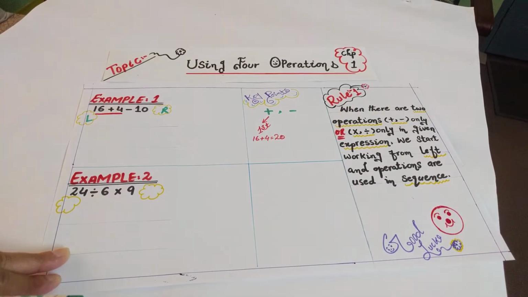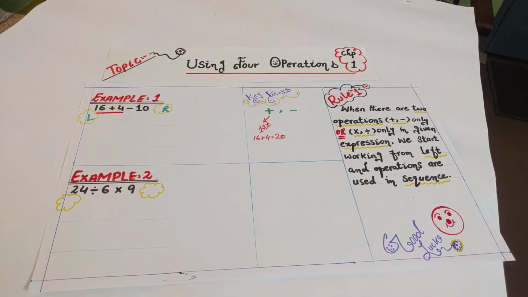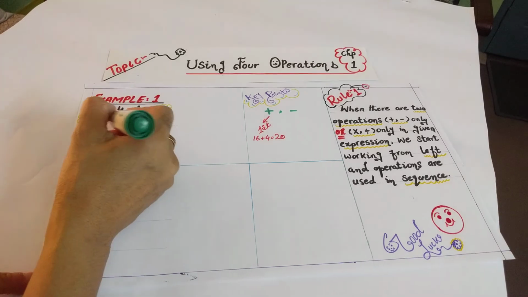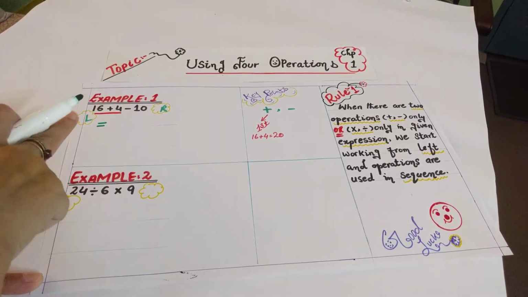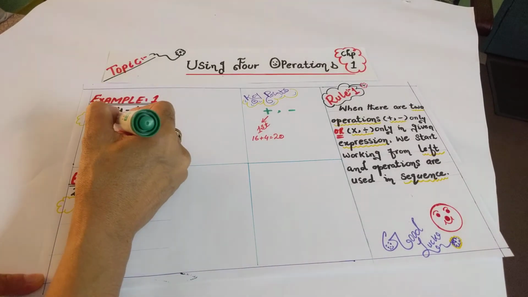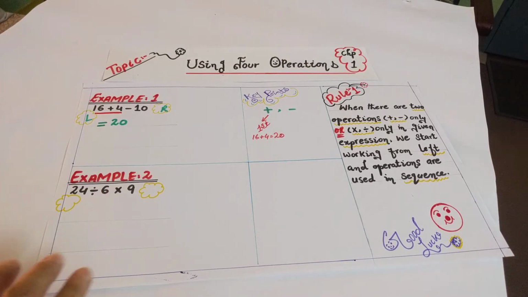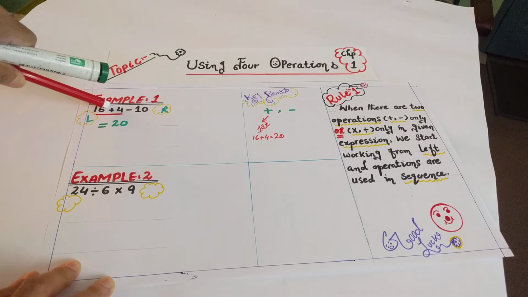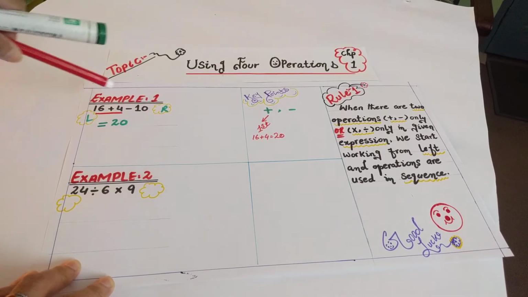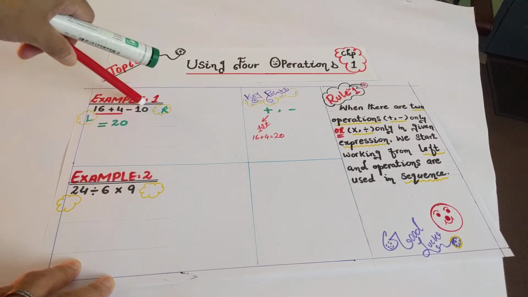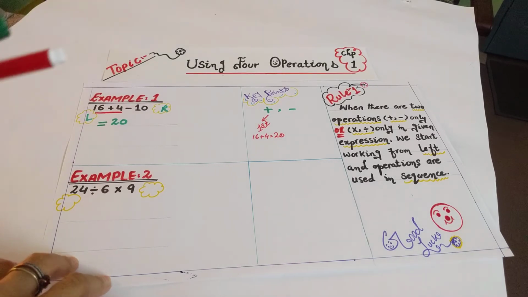So our answer is 20. Firstly we will put the equal sign, then we will write the answer 20. But when you solve the first operation from the left side, the remaining operation and number will be as it is.